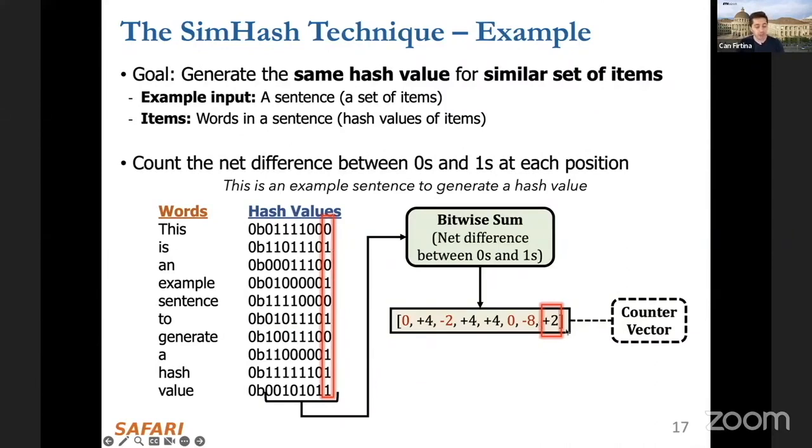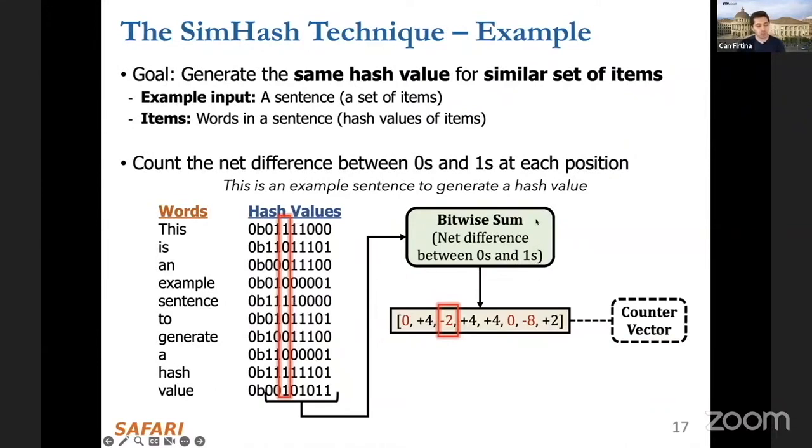So this is the encoding in the counter vector. If it is positive, then there are more ones than zeros. If it is negative, then there are more zeros than ones. And by looking at the value, I can directly tell how many more ones we have than 0 bits. In this case, we have 2 more ones than zeros. And here we have a negative value. This means that we have more zeros than ones.